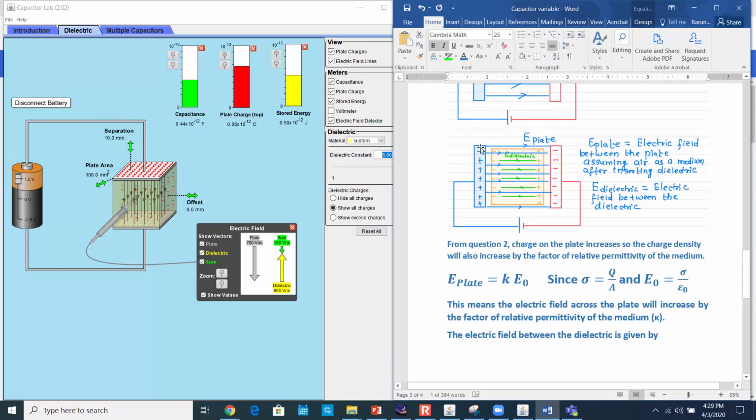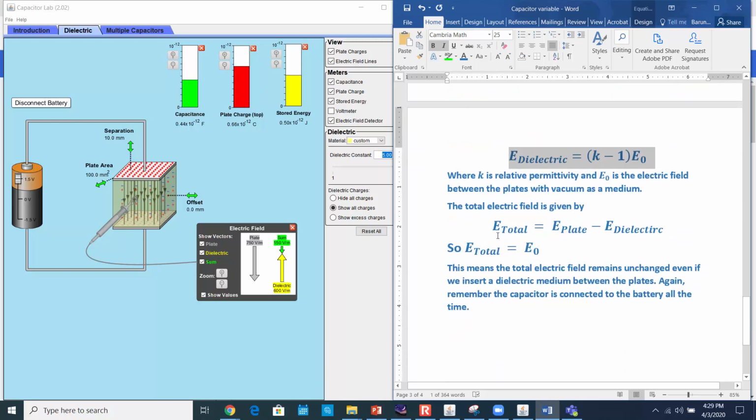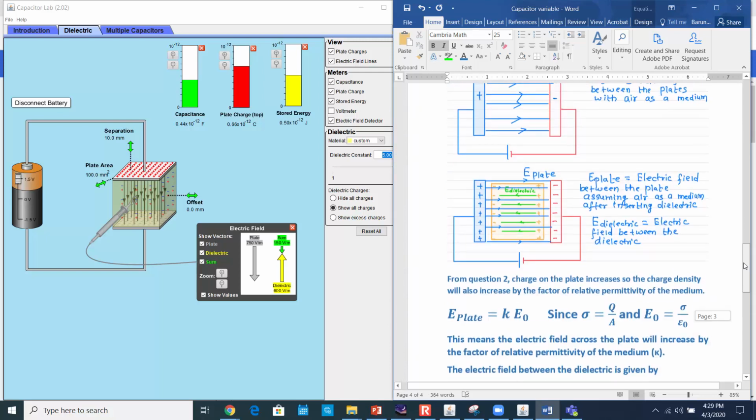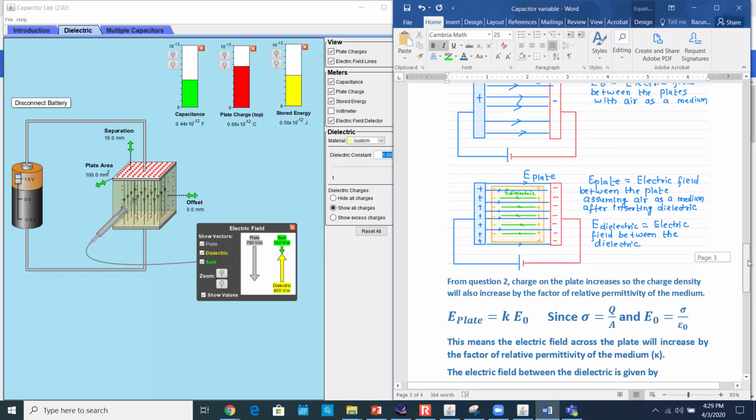E plate is from the positive plate to the negative plate, and E dielectric is again from positive to negative, but as you can see clearly in this figure, the directions are opposite. So the total electric field will be E plate minus E dielectric.